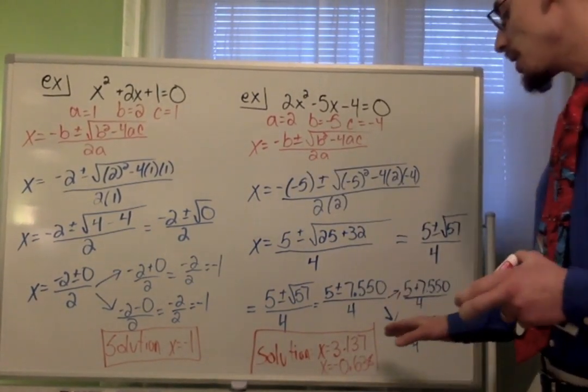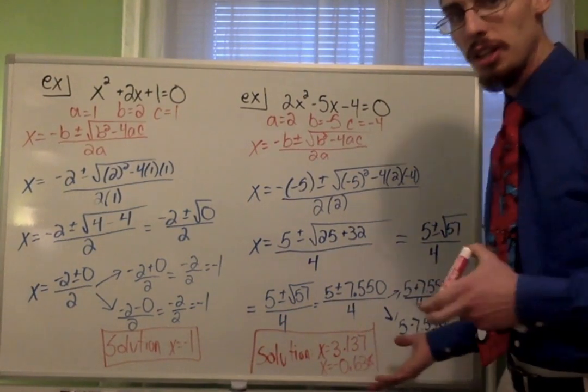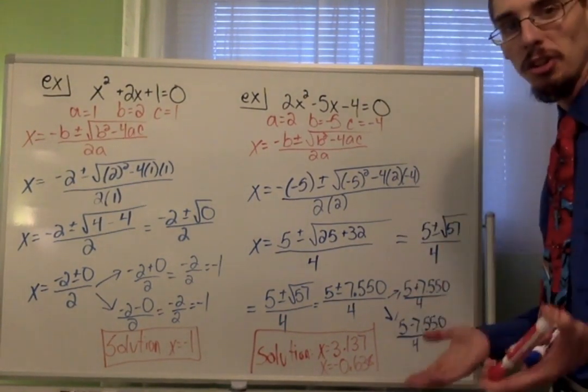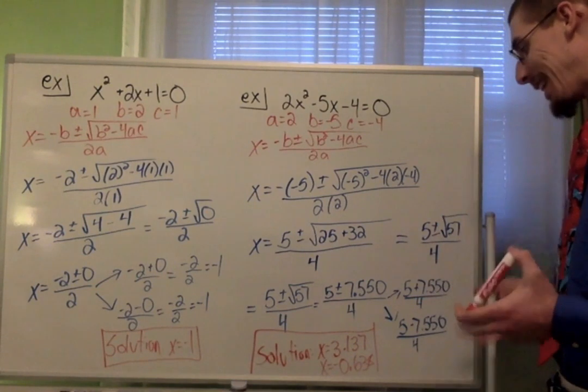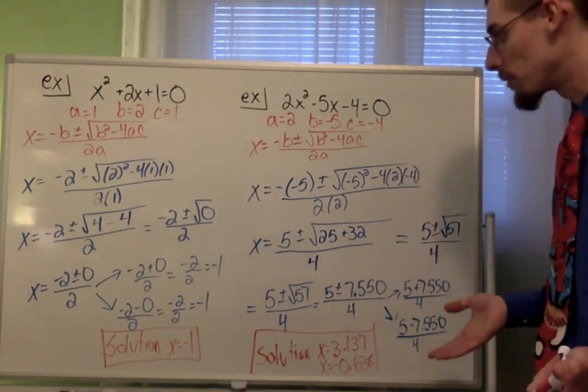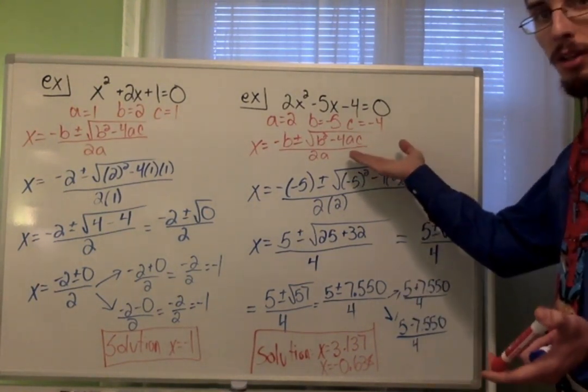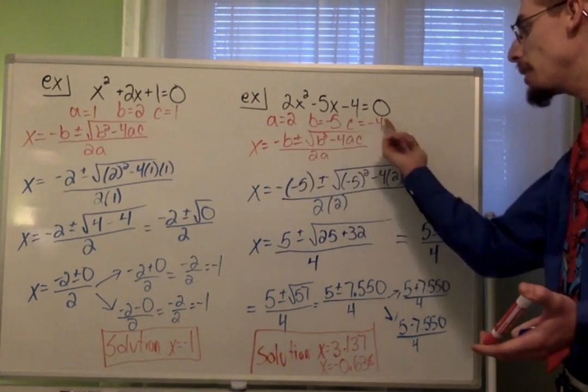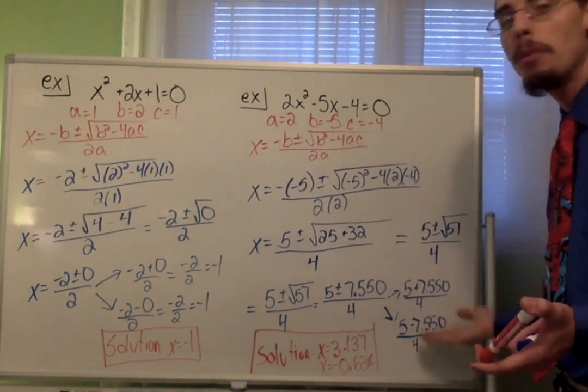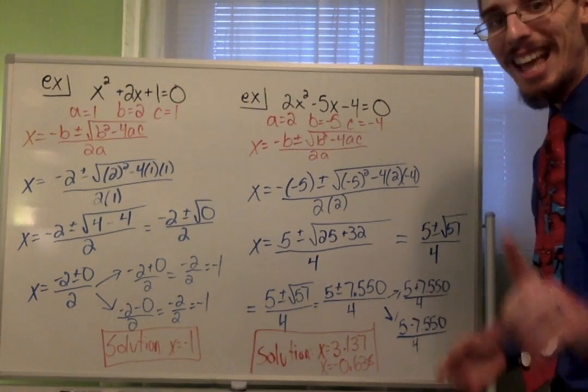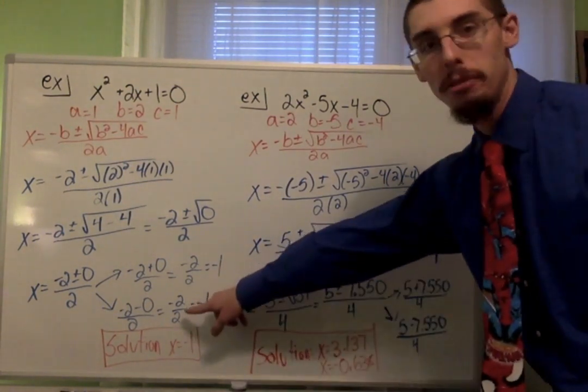This is definitely the hardest type of problem you'll see here because the numbers are just a little bit messier. But at the end of the day, you're doing the same thing, right? You start with the formula, you plug in the A, the B, and the C, and then you just do the math, right? Notice the last thing you do every time is the division.